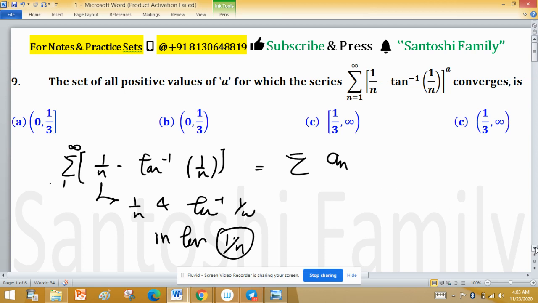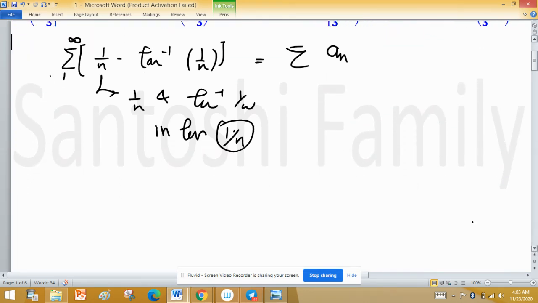So I'm going to apply the expansion of tan inverse x.